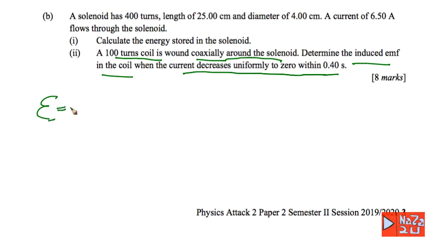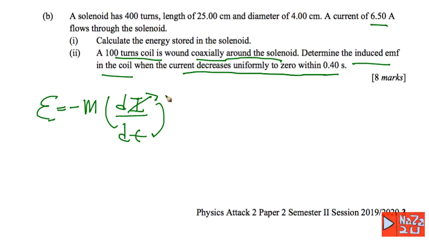The induced EMF is equal to negative M, which is for mutual inductance, times the rate of change of the current flow. Because the current here goes from 6.5 to 0, the change in current is 0 minus 6.5, which is minus 6.5 ampere.